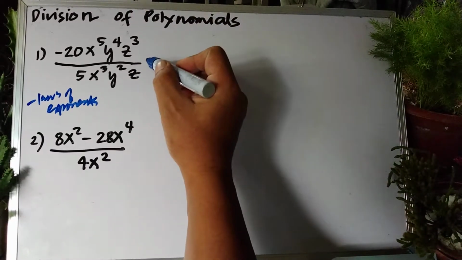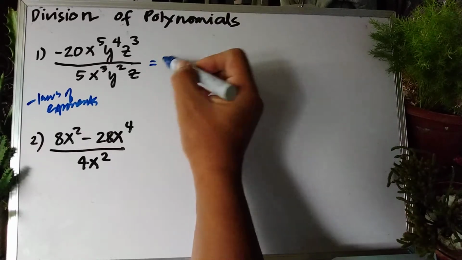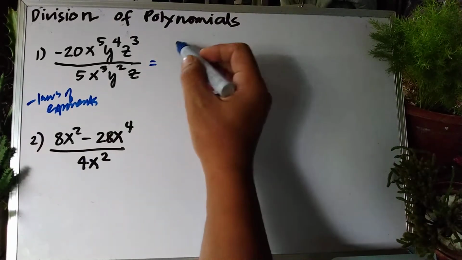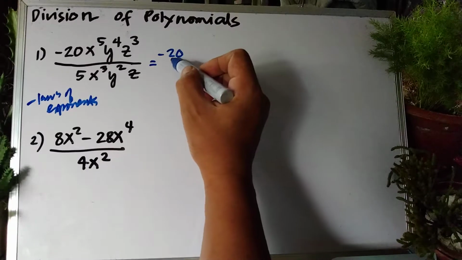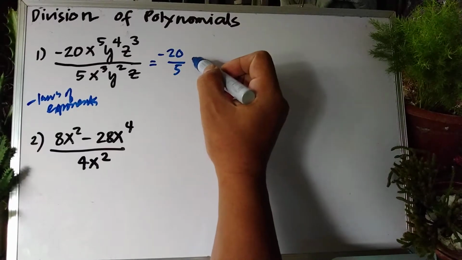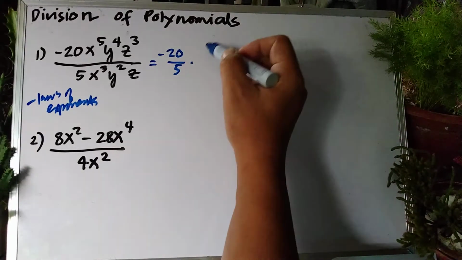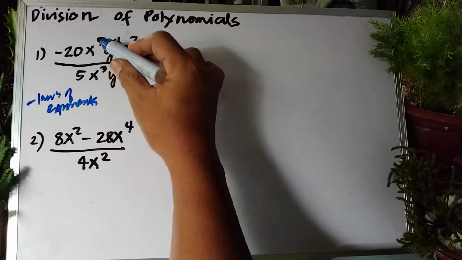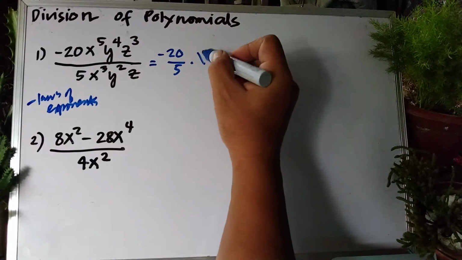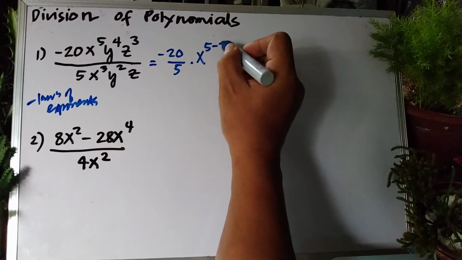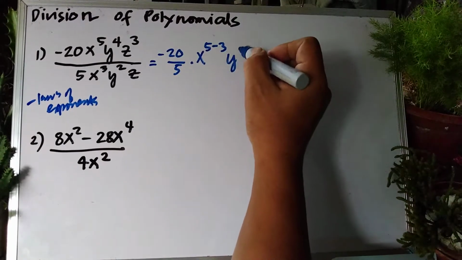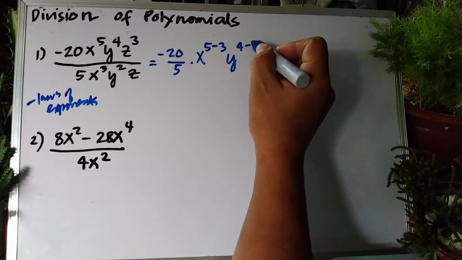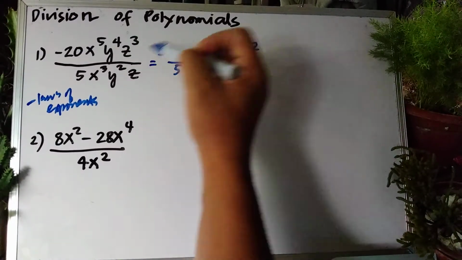So we have here negative 20 over 5 times x to the fifth, y to the fourth, z cubed over x cubed, y squared, z. Mas malaki pa si x to the fifth, so you have x to the fifth minus 3. Y, 4 minus 2, kasi malaki pa si 4 kaysa kay 2.